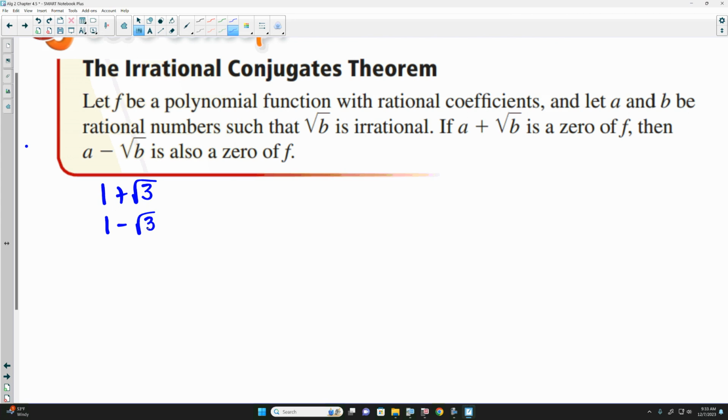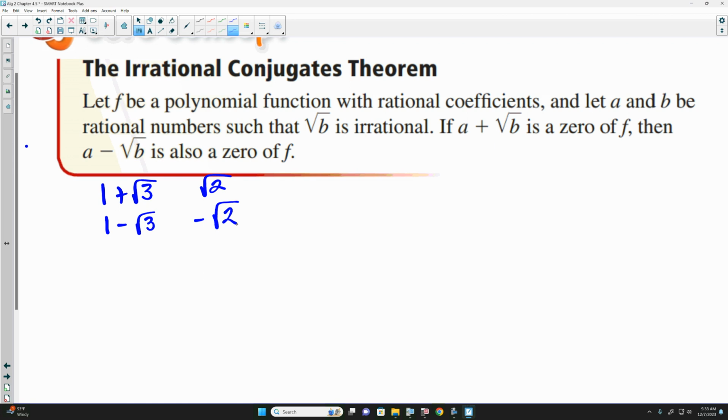Because we have a total of 4, we found 2 rational, the third one's probably irrational, which means the fourth one has to be irrational as well. And this could also be square root of 2 is a solution, negative square root of 2 is a solution. If we have one, we have to have the other. Questions on this here? Okay.